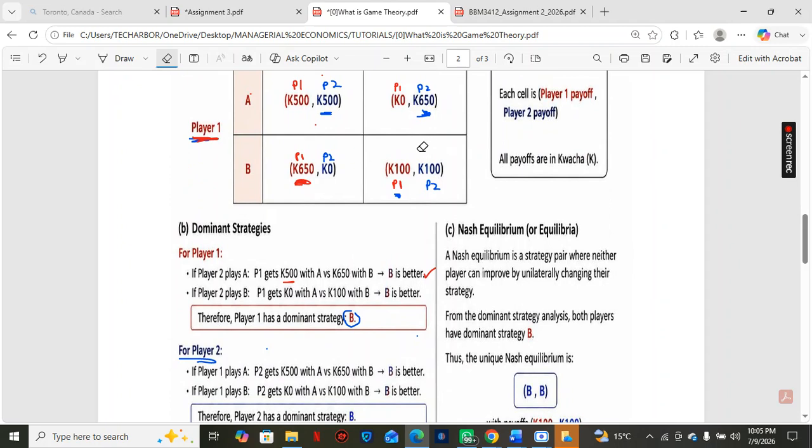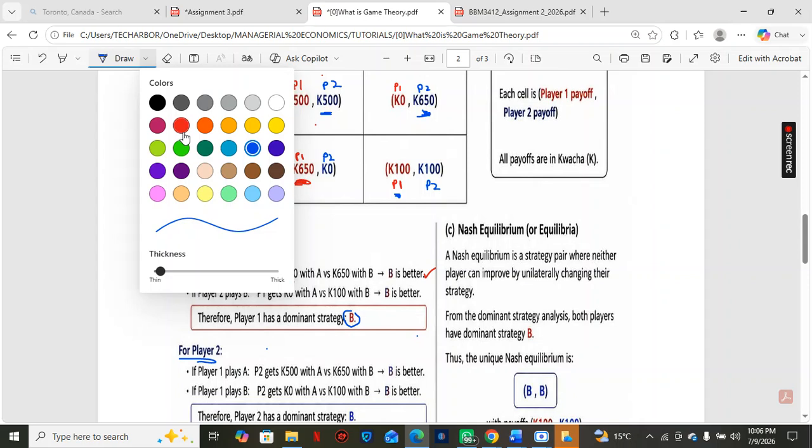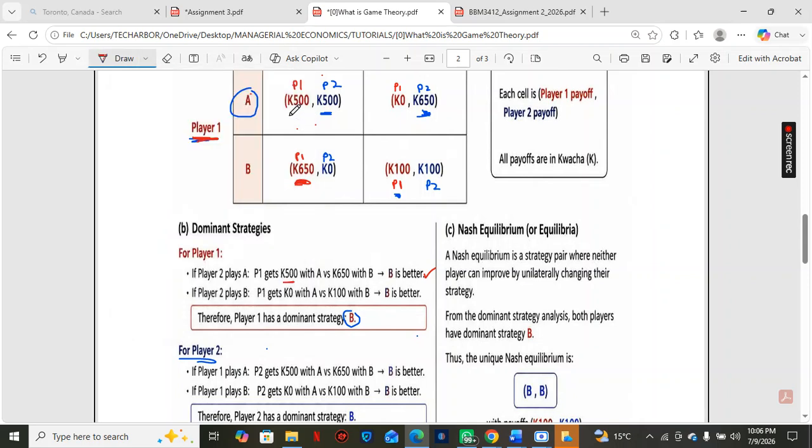So you start with the first scenario where player 1 picks strategy A. When player 1 picks strategy A, they're going to get a payoff of 500 kwacha. So the options player 2 has is either you pick this 500 kwacha here or you pick this 650 kwacha here.